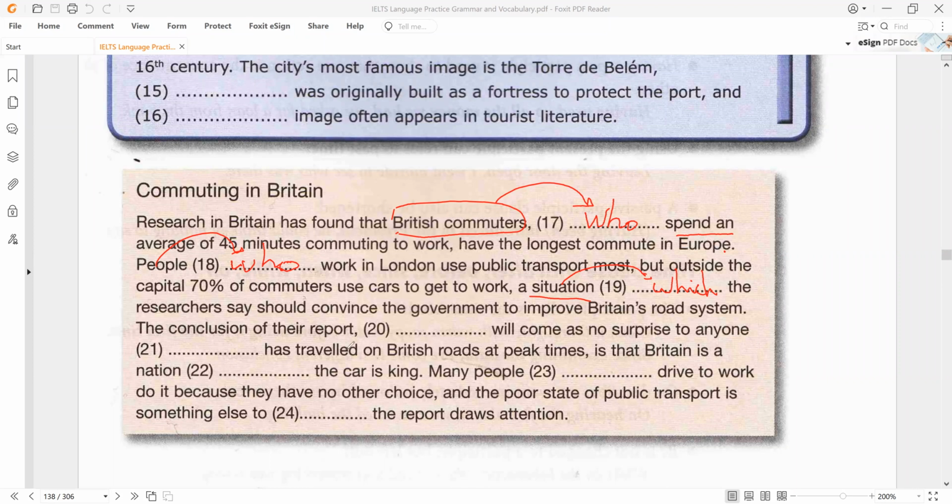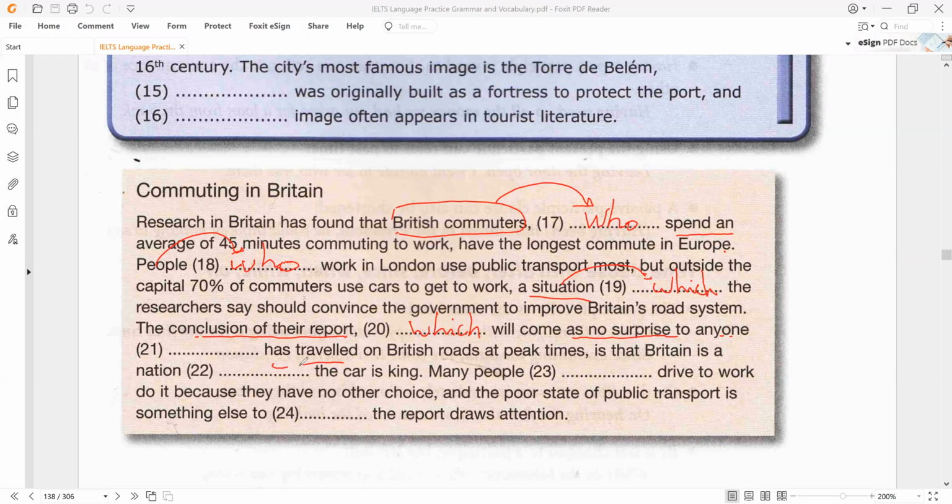The conclusion of their report, 20. Which or that? Yes, that will come or which will come as no surprise to anyone.